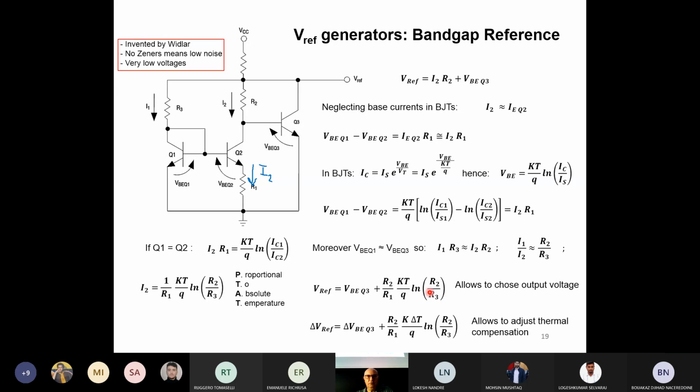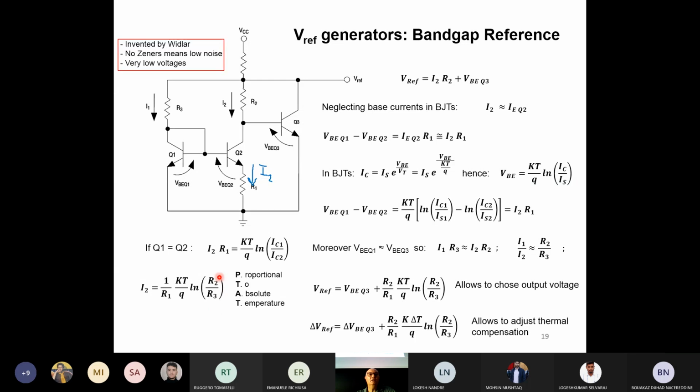And I just want to go back to this one. I wrote something strange here. If I have a look at this relationship with some approximation, I discover that this term I2 is a current which has a constant, 1 over R1, times the logarithm of another constant.